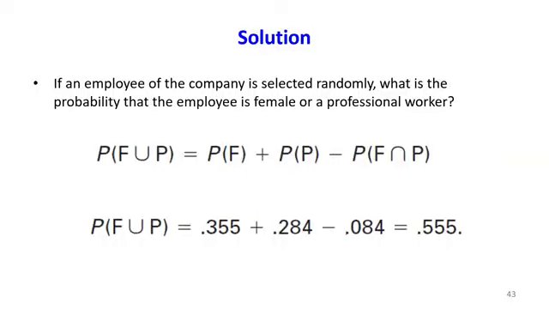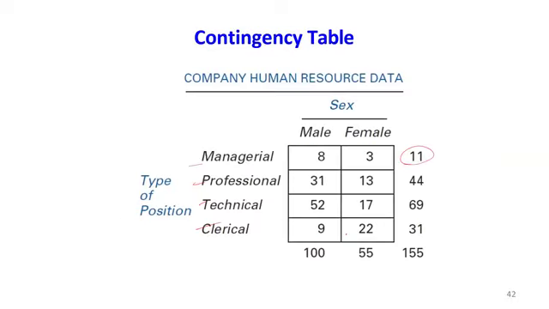What is the probability that an employee is either female or belongs to a professional position? Can anybody calculate? Just now we have seen the law of addition, right? Here I'm talking about the probability that any employee is either female or professional.